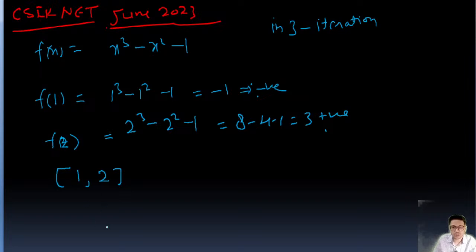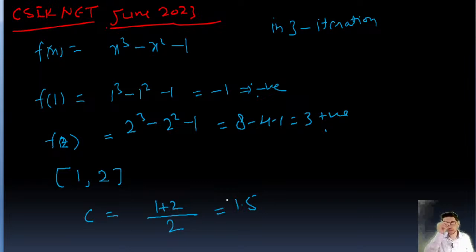Now we'll find c. C is going to be 1 plus 2 upon 2. This is the question asked in June, so the bisection method is important, guys. So understand this. This is going to be 1.5. This is the first iteration. We have to do it in 3; after 3 iterations we have to find the root.